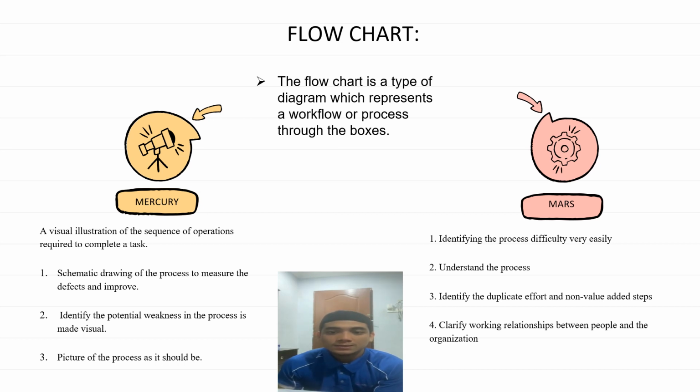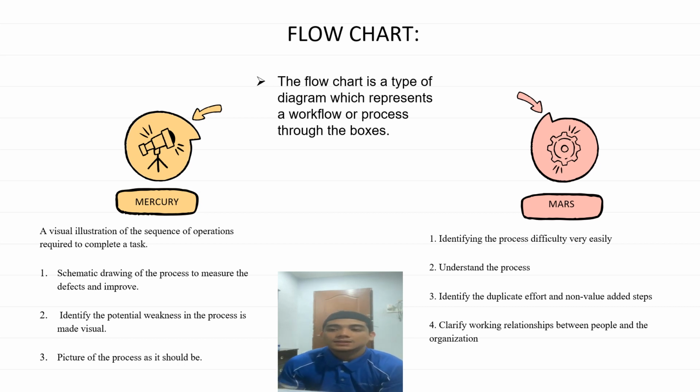Okay, number one, schematic drawing of the process to measure the defect and improve. The number two, must identify the potential weakness in the process made visual. And number three, pictures of the process as it should be.